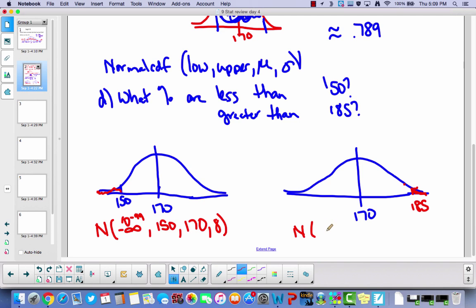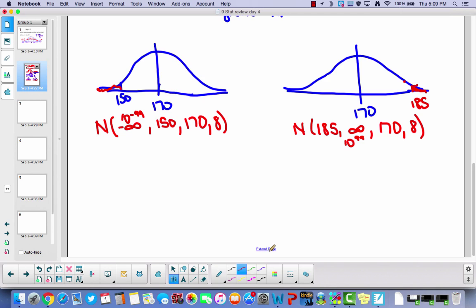For this one, our lower bound is 185, our upper bound is positive infinity, so we use 10 to the 99th power, our mean is 170, and our standard deviation is 8. Plugging those into our calculator, you should have gotten 0.006 approximately for this one, and 0.030 for this one.